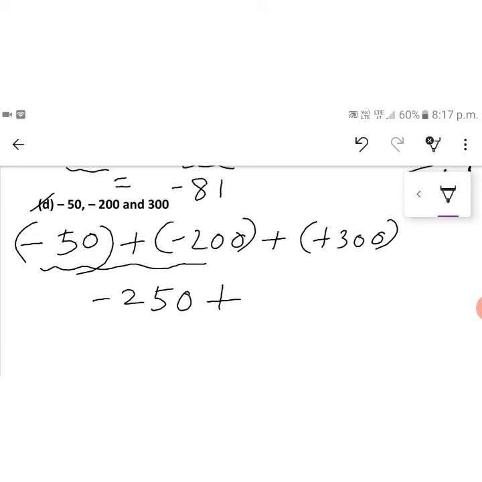Now write 300. Here the two numbers have different signs, so subtract the two numbers. 300 minus 250 equal to 50 and give the bigger number's sign. The bigger number is 300. The sign is plus. So the answer is plus 50.